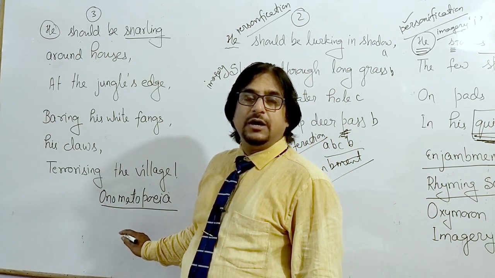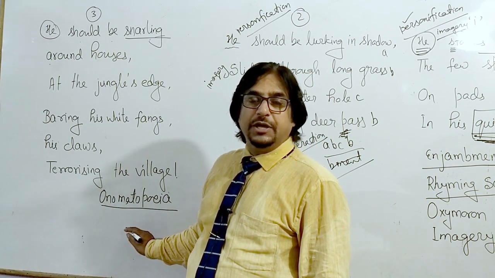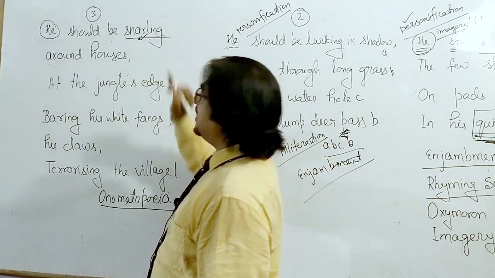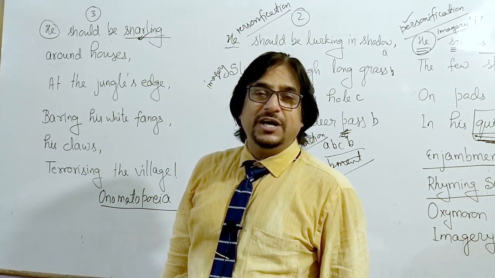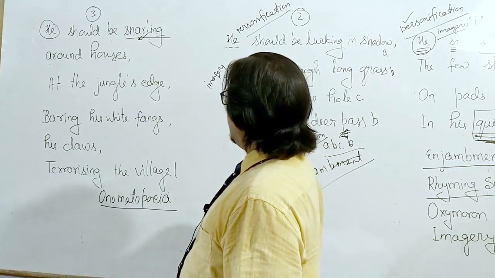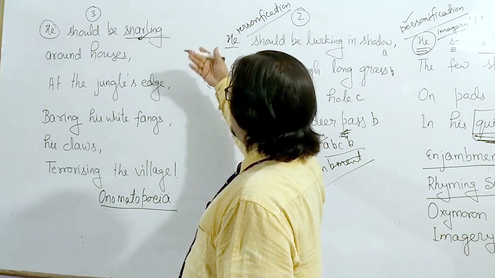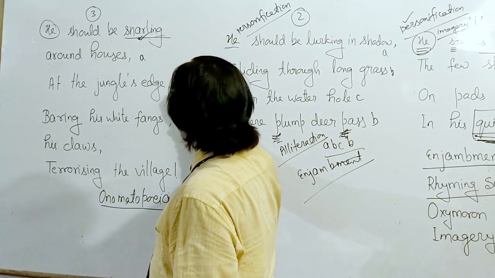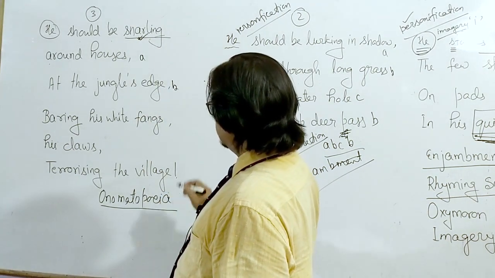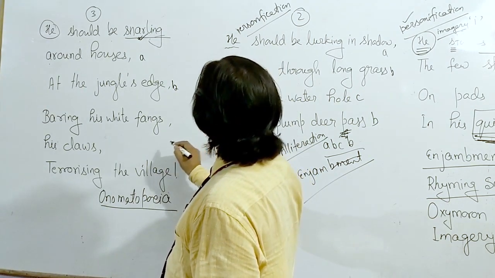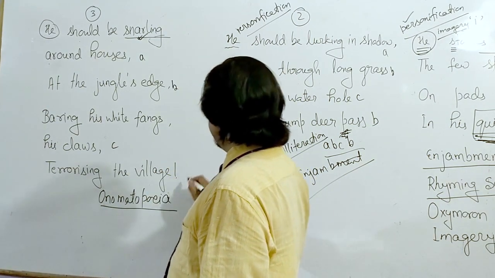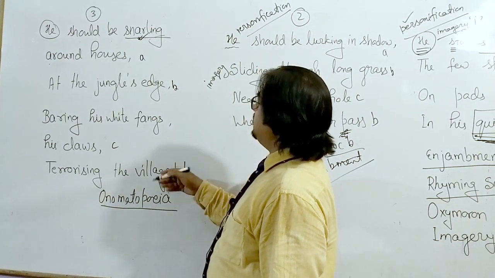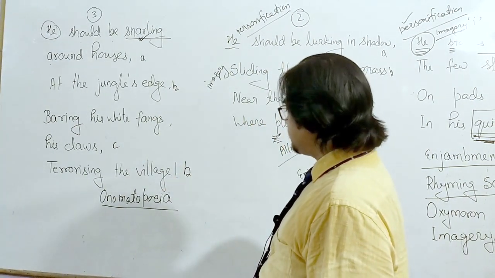It is a poetic device, and here it has been used for "a snarling". When we talk about the rhyming scheme, we are getting A, B, C and then B. So A, B, C, B, the same thing is here.